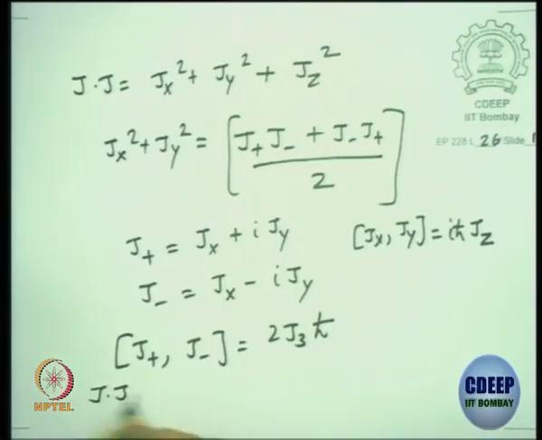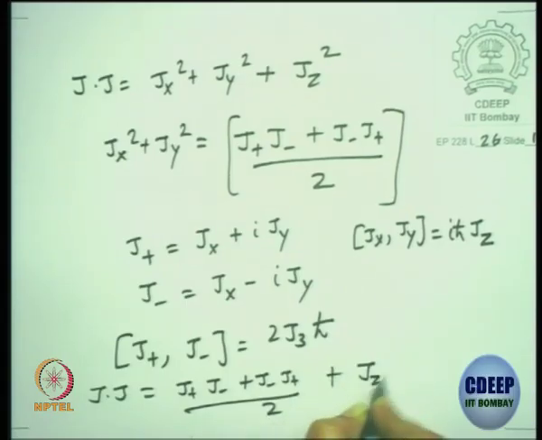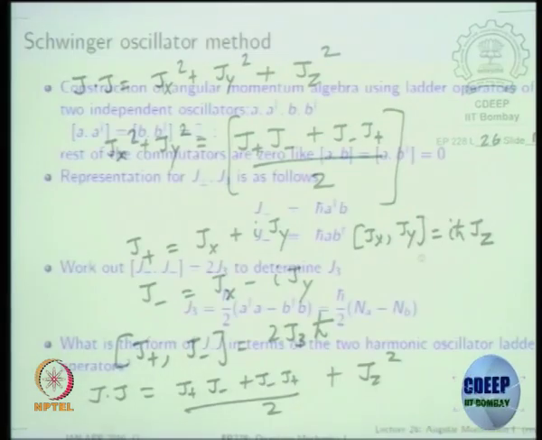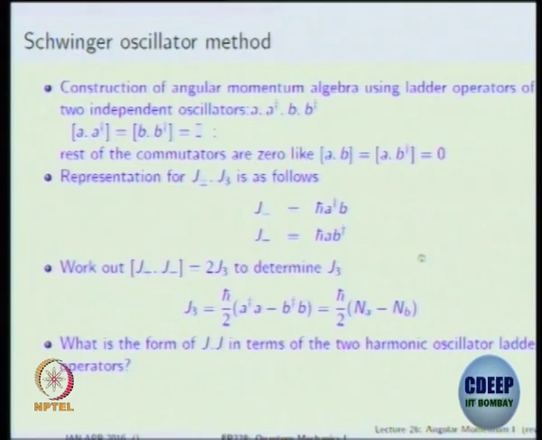J dot J will be (J plus J minus plus J minus J plus) by 2 plus Jz squared. So J plus is given to you in terms of these harmonic oscillator ladder operators, two commuting, independent harmonic oscillators, and J minus is given to you, and J3 you have derived, but if you have not done so, please go back and check this.